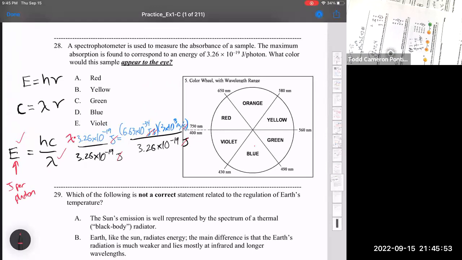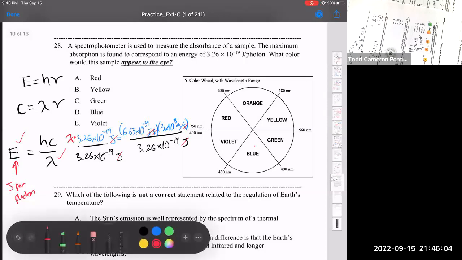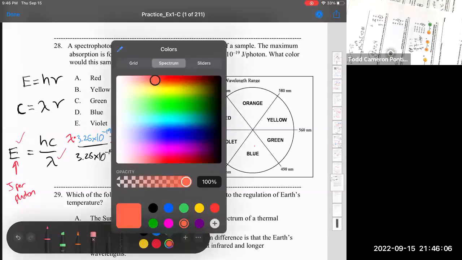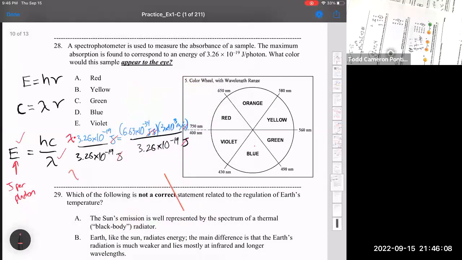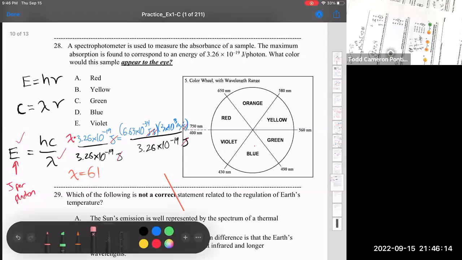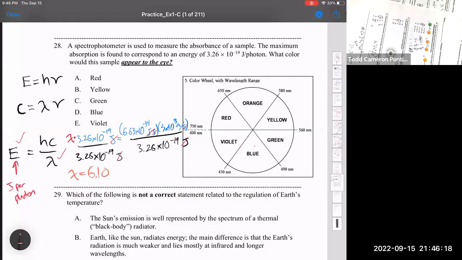In this case, it ends up equaling 610. Lambda equals, excuse me, what will actually appear on your calculator is 6.10 times 10 to the negative 7th meters.